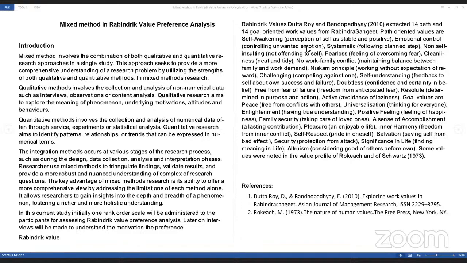Next, why have you made two groups, sir, Group A and Group B? You have given 14 values, yes? Then how do you correlate both, sir, path and goal? No, my intention is not to correlate, because path means present and goal is future.